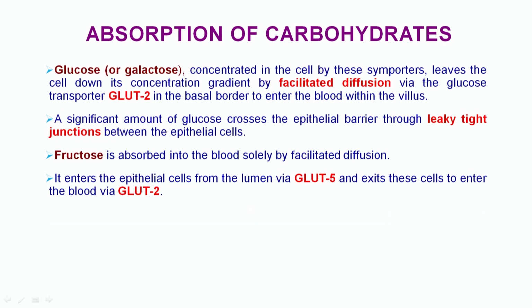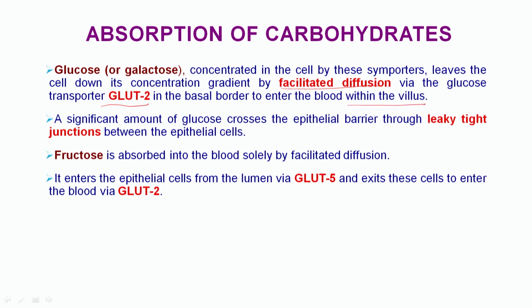Glucose or galactose concentrated in the cell by these symporters leaves the cell down its concentration gradient by facilitated diffusion via the glucose transporter called GLUT2 in the basal border to enter the blood within the villus.